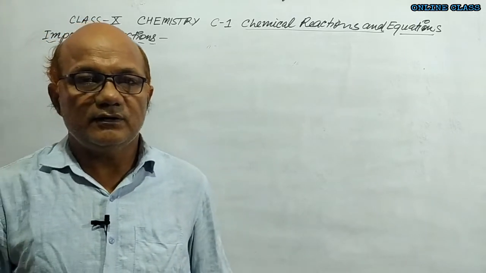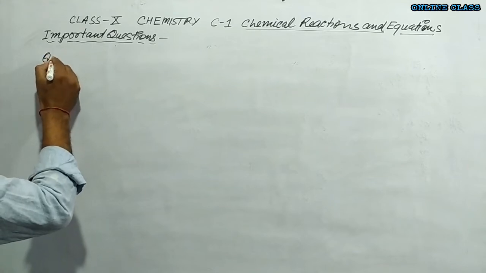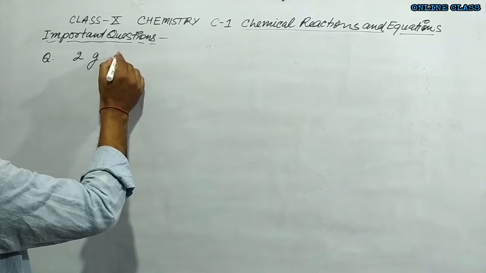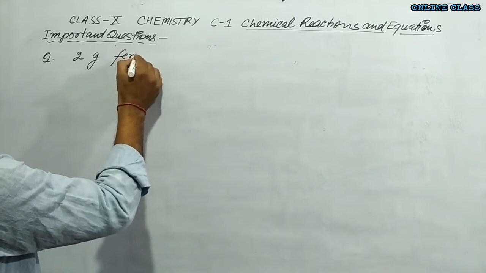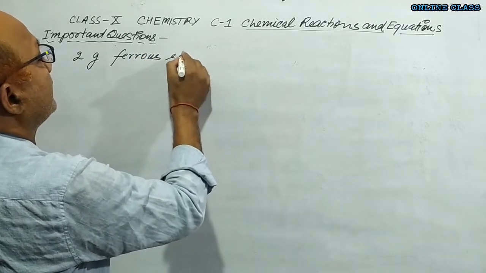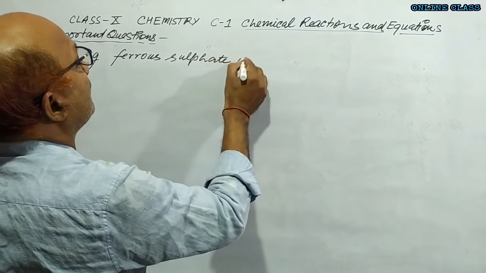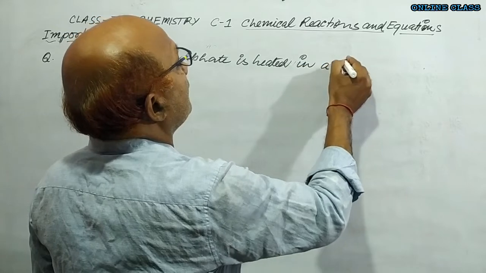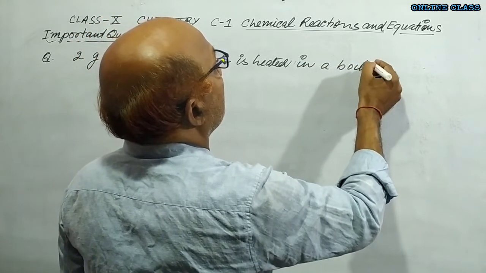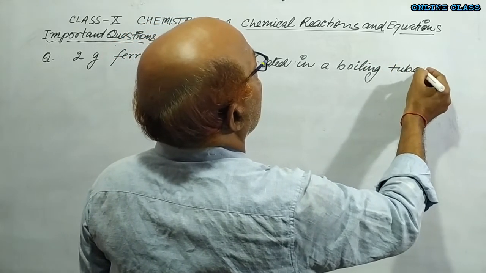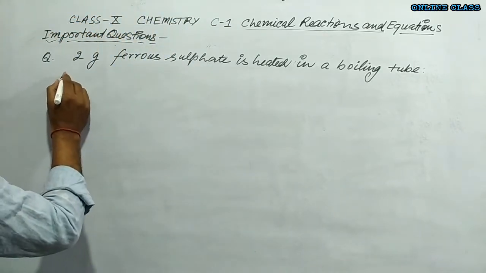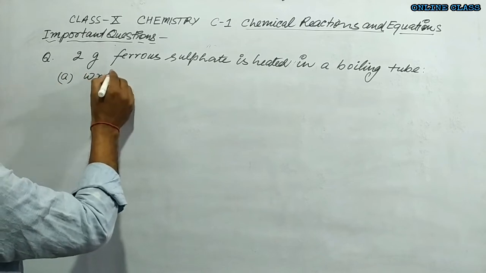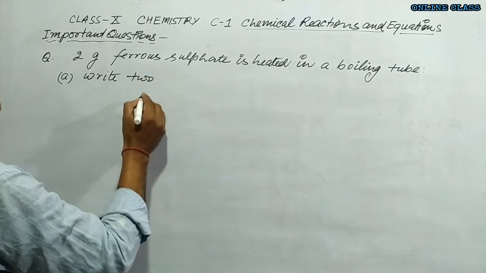Now another question is: two gram ferrous sulfate is heated in a boiling tube. (a) Write two observations.